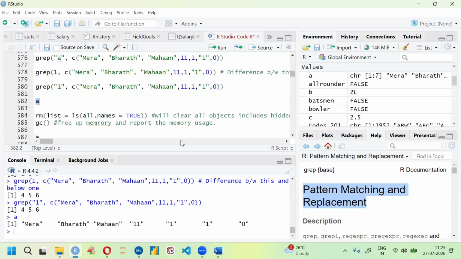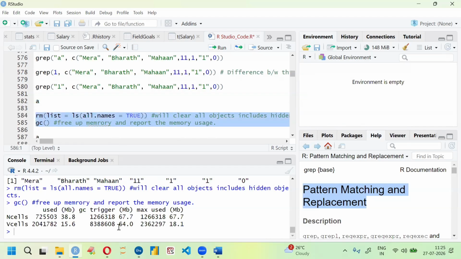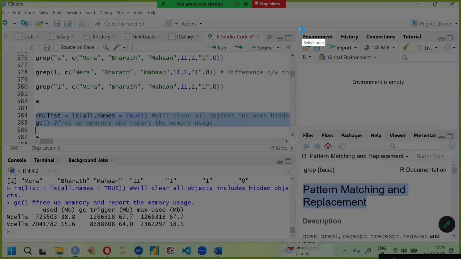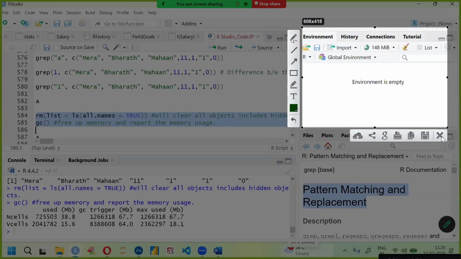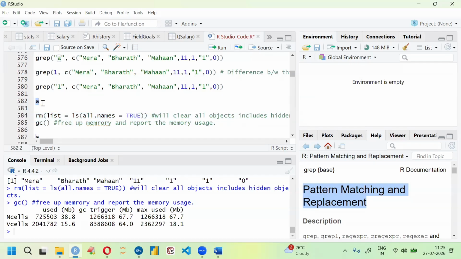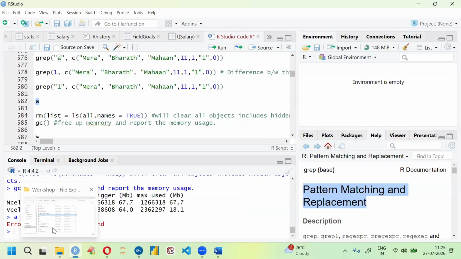So how to free up the elements and the memory is to run this code. Now if you see here, the environment is empty. Now if you try to run A, it says object A not found. So we are clearing all the variables and the history, whatever we have created, we have cleared that. Fine. So that is the thing.